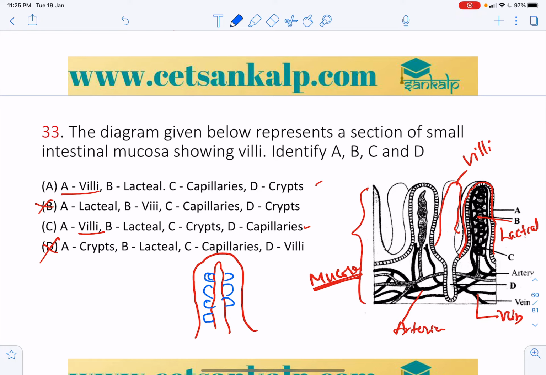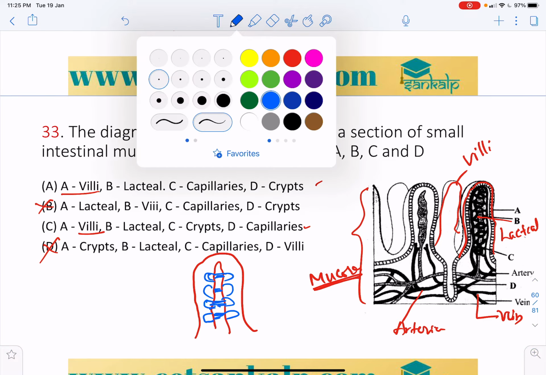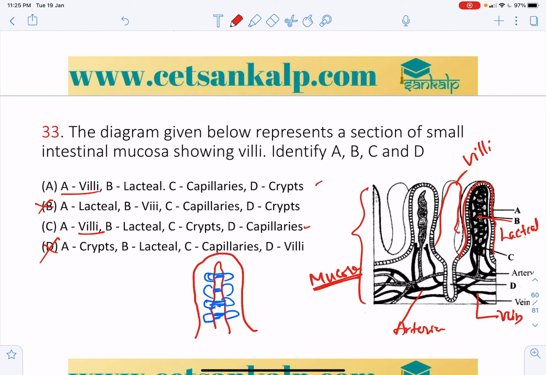This network of capillaries is where exchange takes place, the diffusion of food, by means of active transport or passive transport. This structure here is the lacteal, right? So B represents a lacteal, and C represents the capillary network.